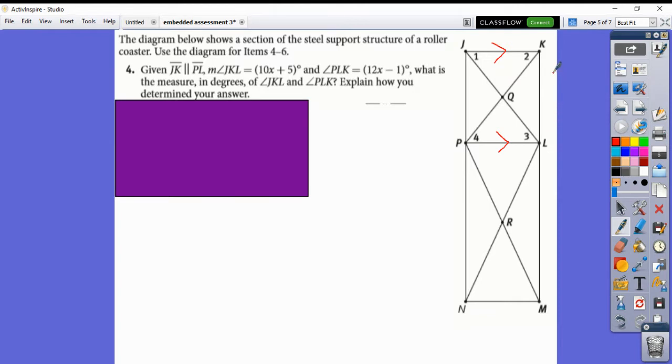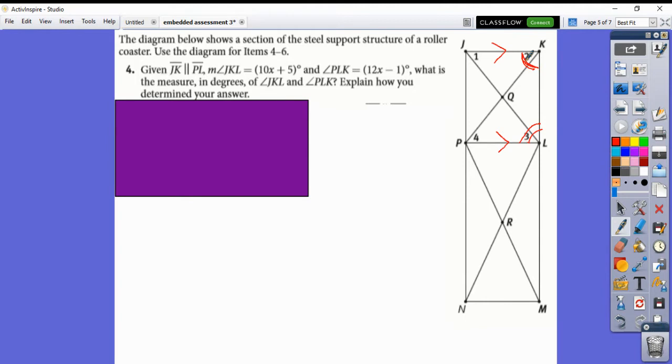Well, let's see. Angle JKL, that's this angle right here. Angle PLK, that's this angle right here. So not just angle 2, but from JK all the way to side KL, from PL all the way to side LK.